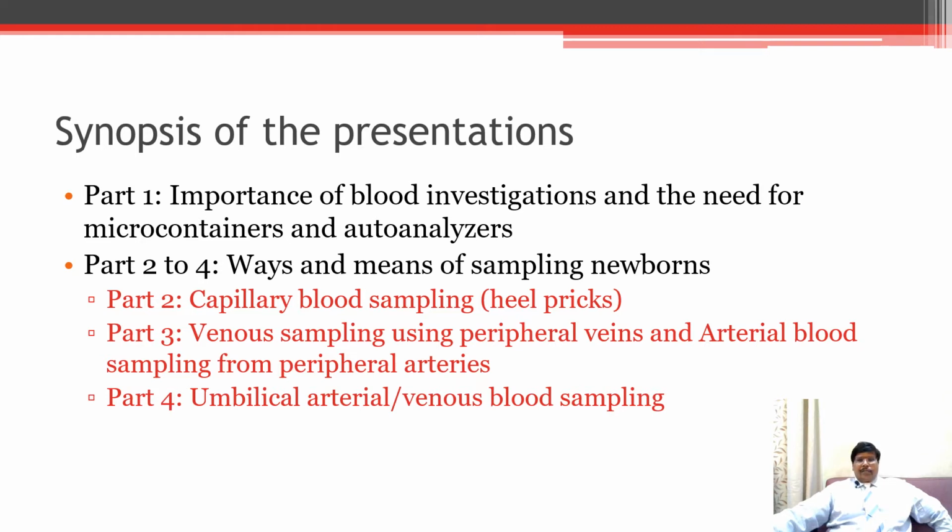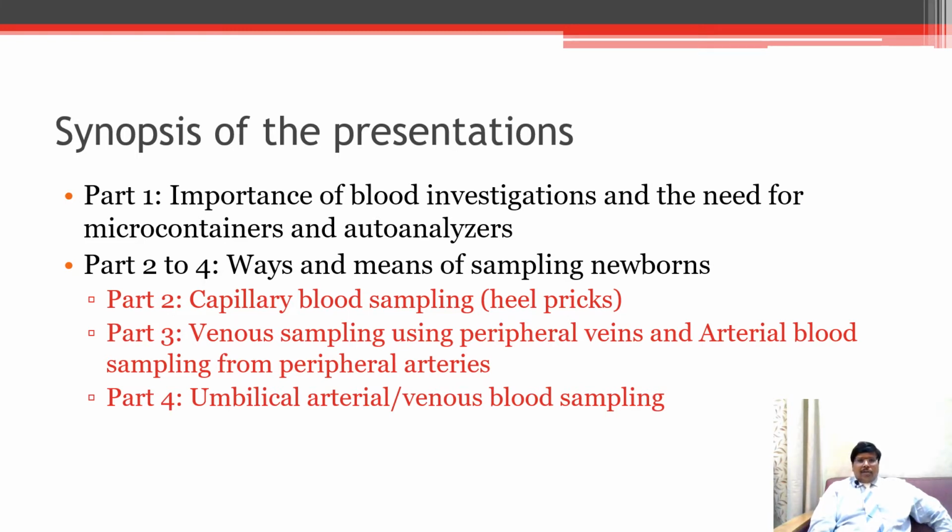We need them because we are dealing with preemies, small, premature babies. The lifespan of preterm babies is now brought down to the periviable age of 20 to 24 weeks, so we need microcontainers, and also autoanalyzers capable of giving accurate results with the minimum volume possible.